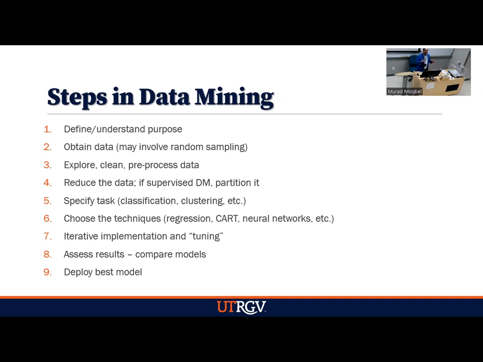And then if we have supervised data mining, machine learning or supervised learning, then we need to do partitioning. When we want to run classification analyses or prediction analyses for estimates, continuous versus categorical target variable, we need to partition our data set into a training data set.